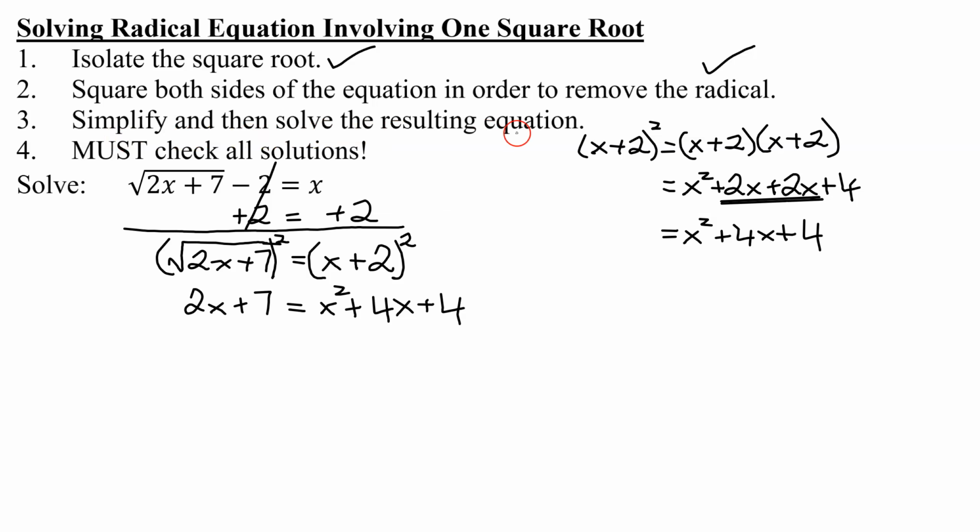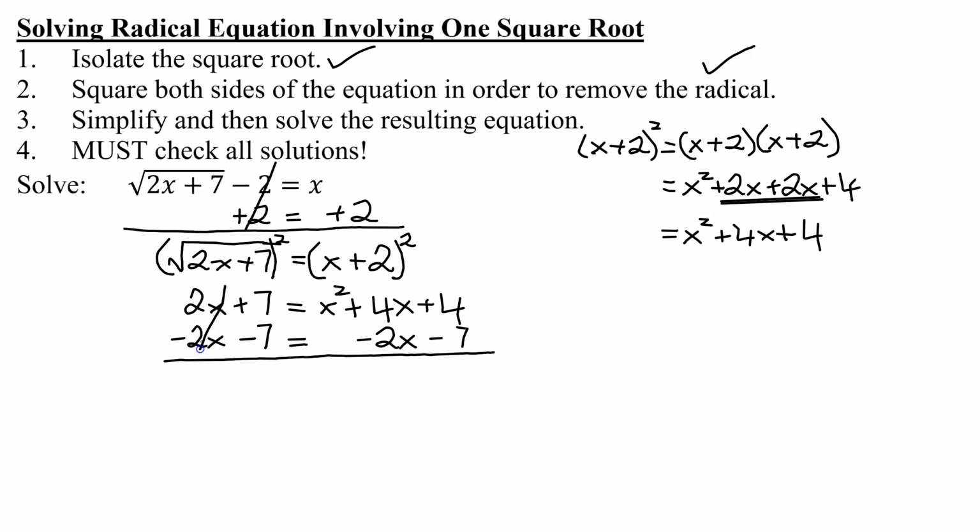Now we need to simplify and solve the resulting equation. Well, what type of equation do we have here? Notice the highest degree on the x is a 2. It's quadratic. And how do we solve quadratic equations? We either want to factor or use the quadratic formula. But to do that, I need to have 0 on one side. So I'm going to subtract 2x from both sides. And I'm going to subtract 7 from both sides, making sure you line up like terms.